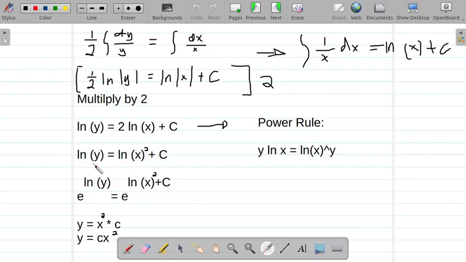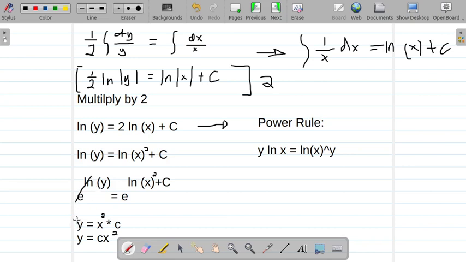Then, we can eliminate ln by raising it to e. So, e raised to the power of ln of y is equal to e raised to the power of ln x squared plus c. Then, using the exponential rule, we can eliminate this.